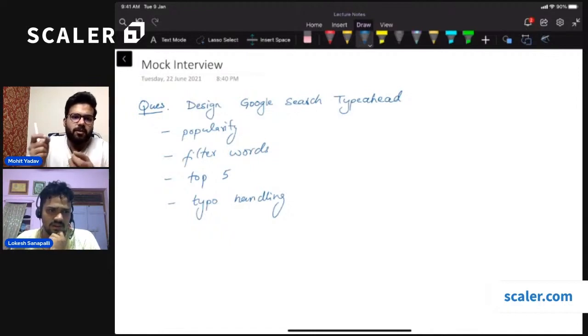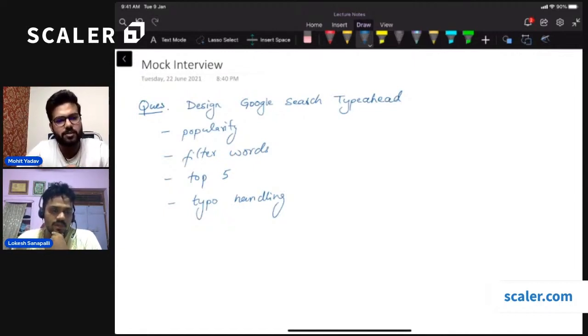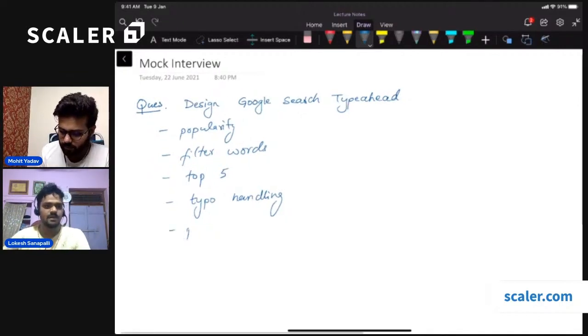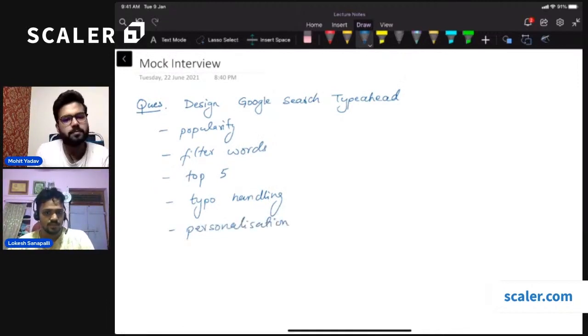For example, if I type Prime, I watch prime time news a lot, so for me the suggestion can be prime time. Let's suppose you search Prime Minister a lot, then for you Prime Minister will come. Okay, got it. So using user cookies, personalization recommendation. Yeah, that is true. That I missed. That's one of the things.